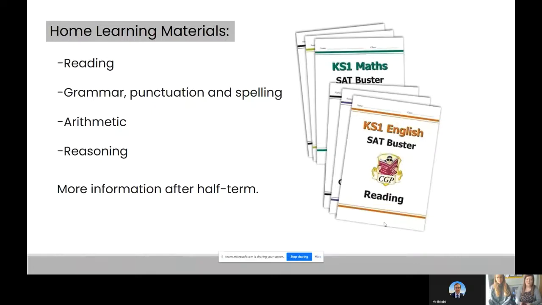And we will set homework on Teams every week and tell you what page we would like your children to complete that week. We will send the booklets home on a Friday, and we would expect them back the following Wednesday, ready for marking. We will be starting that, like I said, next week, and we will be sending out some more information just to clarify all of that.